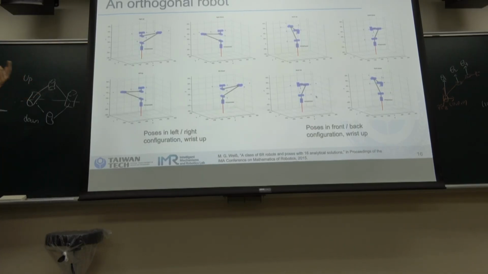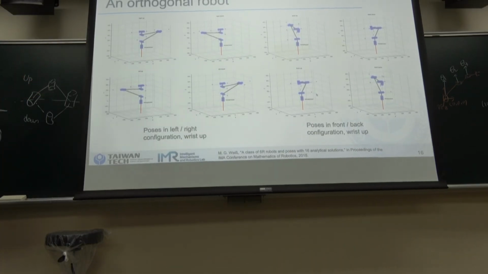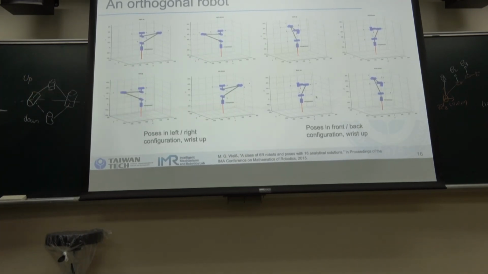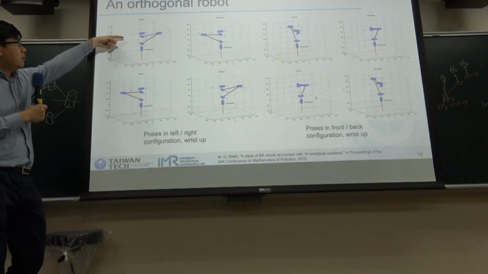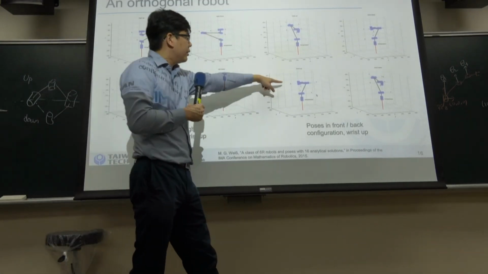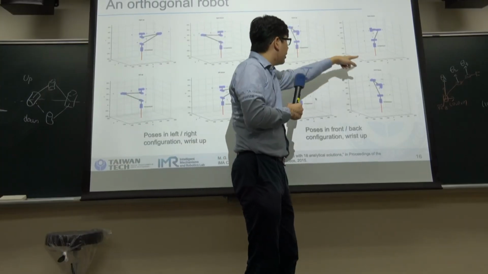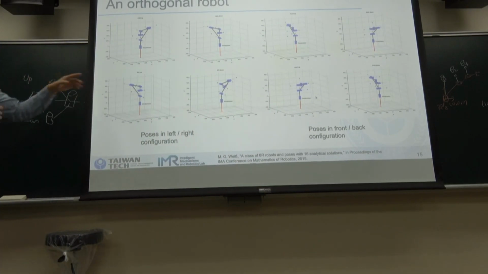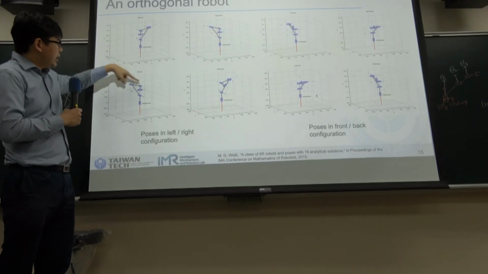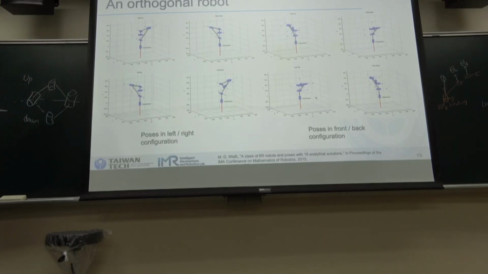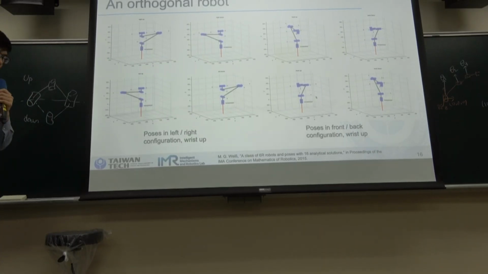So in total, there will be 16 solutions to reach the same position of the end effector. You can see all the end effectors have the same position here, and there are 16 different solutions.